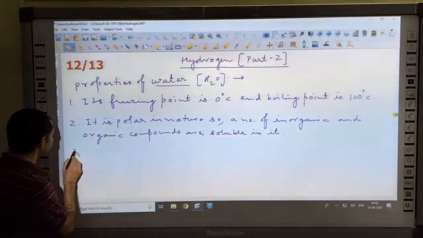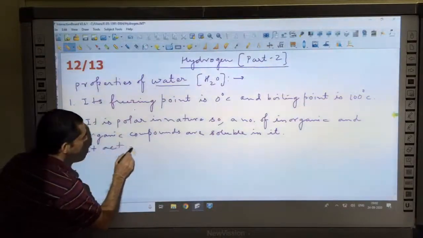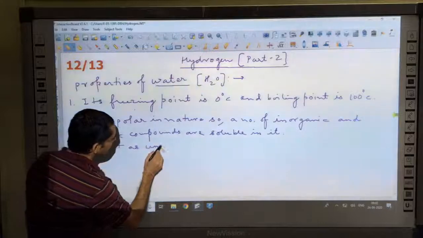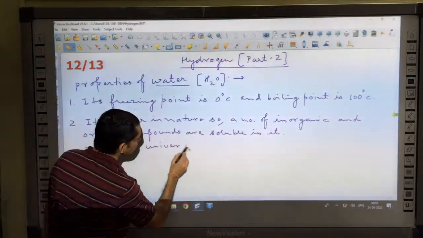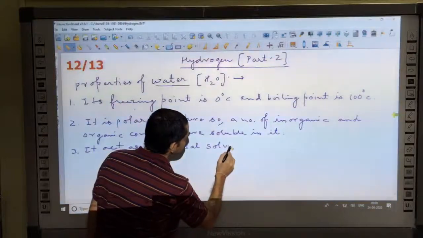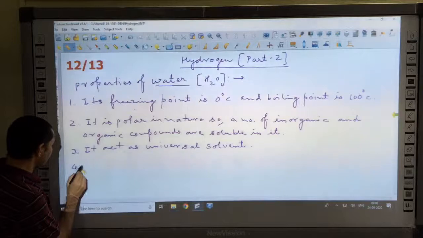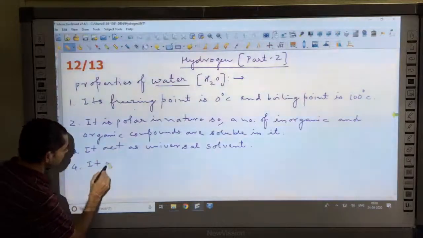Number third, it acts as a universal solvent. Water is behaving as a universal solvent. Number fourth, it exists in liquid state.